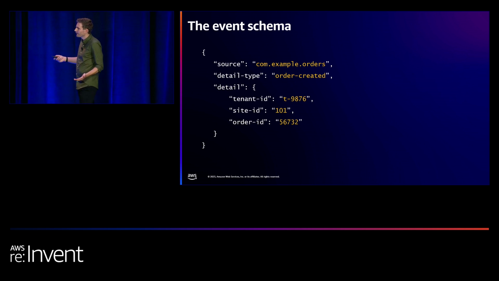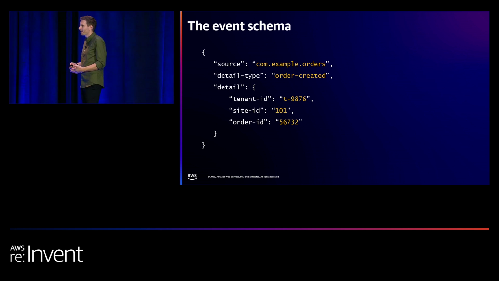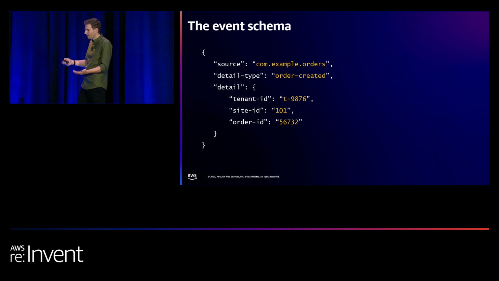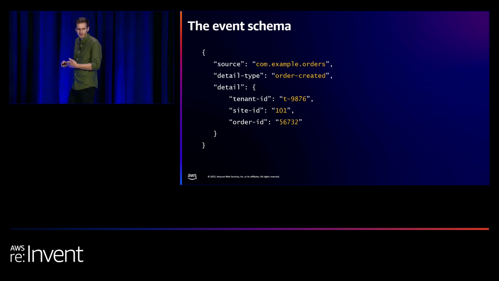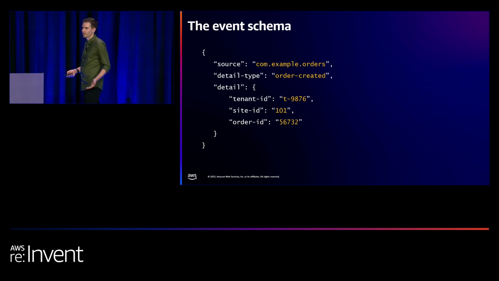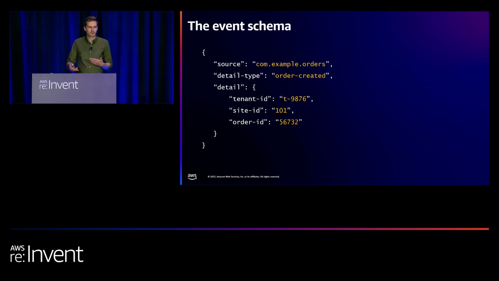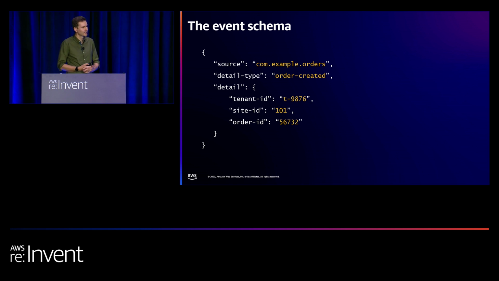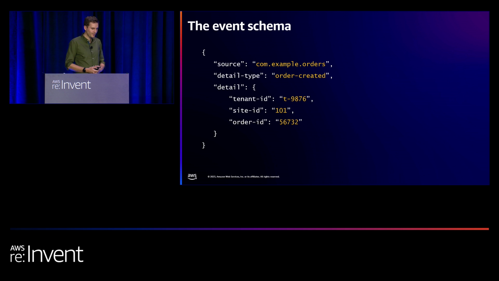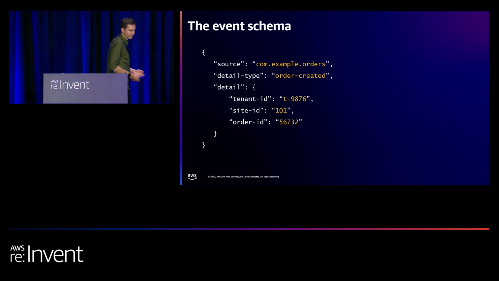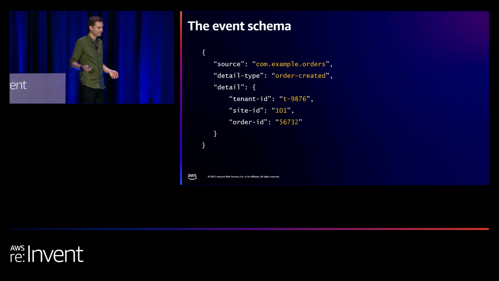Now, this is what the event schema might look like. EventBridge has some required fields, such as the source. This is the service that produced the event. It's often the reverse domain Java type naming. It doesn't have to be. The detail type is the name of the event, and this follows the verb-noun format.